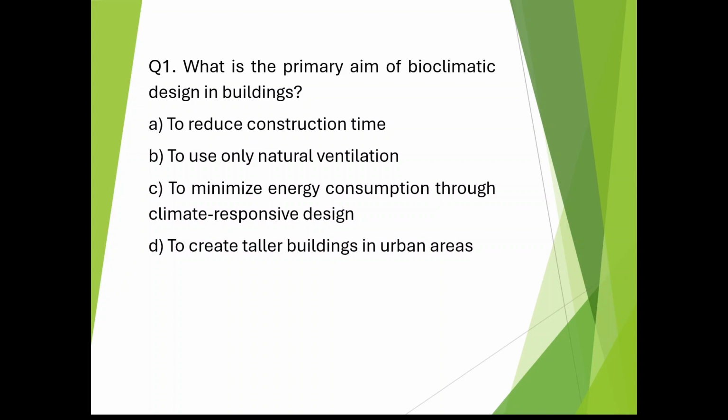Based on the outside or ambient climatic condition, you will be designing your building in such a way that it will have minimum energy demand or minimum energy consumption. And how can you do this? You can create your bioclimatic design by integrating energy efficient strategies. It can be insulation, it can be passive heating or cooling, or it can be smart systems that completely depend upon the local climate condition. Is it clear?